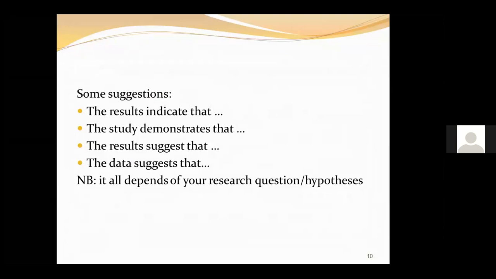You can start by saying the results indicate that, the results demonstrate that, the results suggest that, the data suggests that. It all depends on your research question that you're tackling or your hypothesis that you're tackling. It all depends on your philosophical stance, okay?